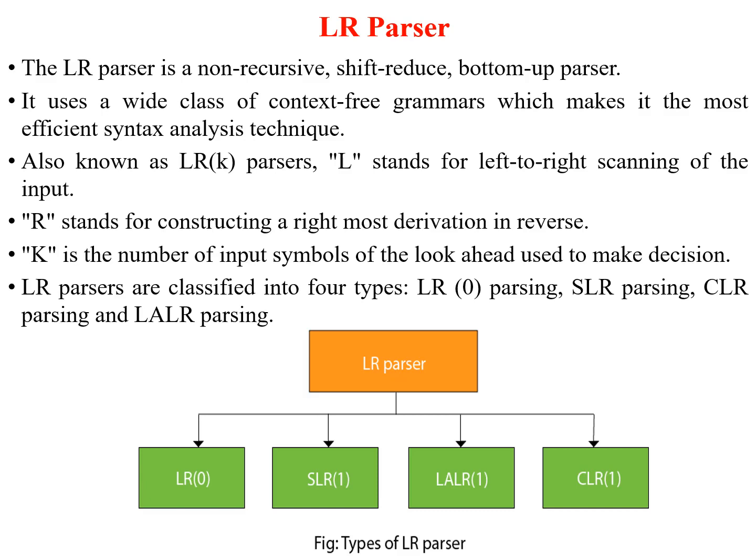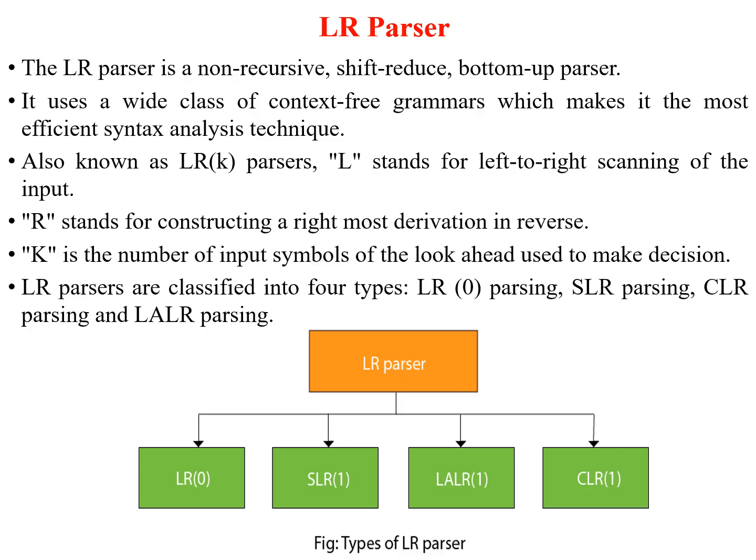The LR parser uses a wide range of context-free grammars, which makes it the most efficient syntax analysis technique. That is the main thing, whereas in LL parsers, we use limited context-free grammars.